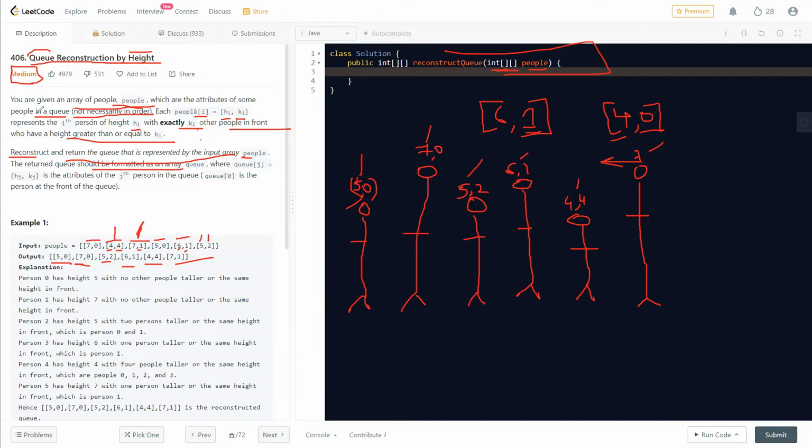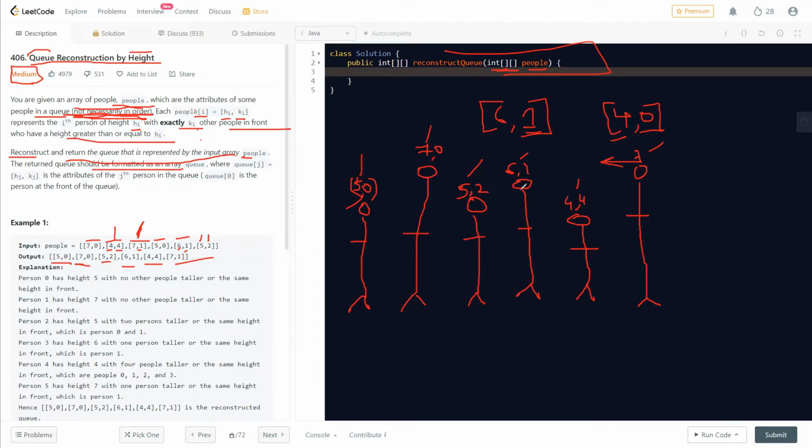So the question says this clearly, and the hint is that it is not necessarily in a particular order. Now, to do this kind of question, what comes to mind is that we need to do sorting, right? More or less, we have a simple task of sorting. Now, how can we do that?